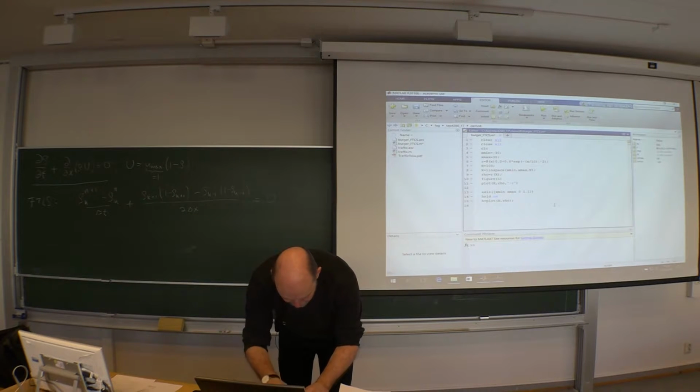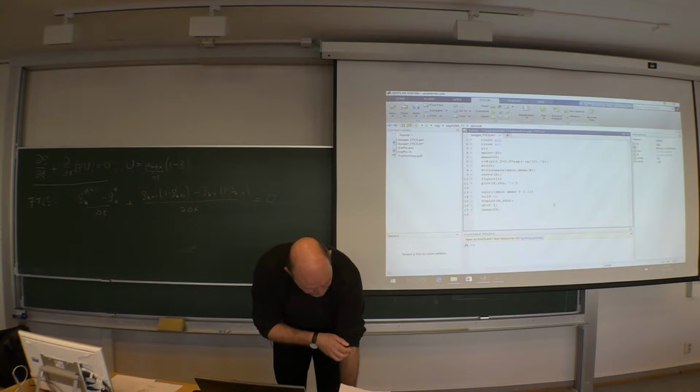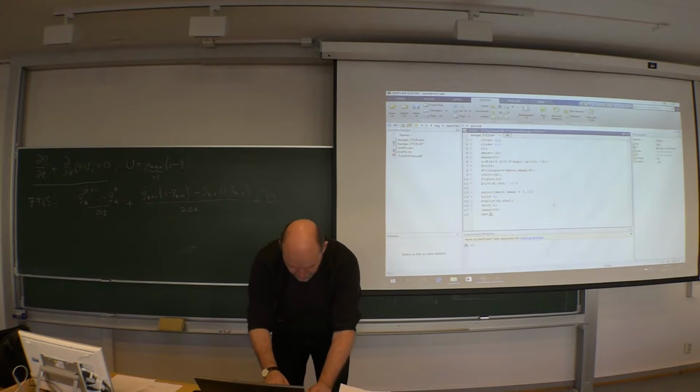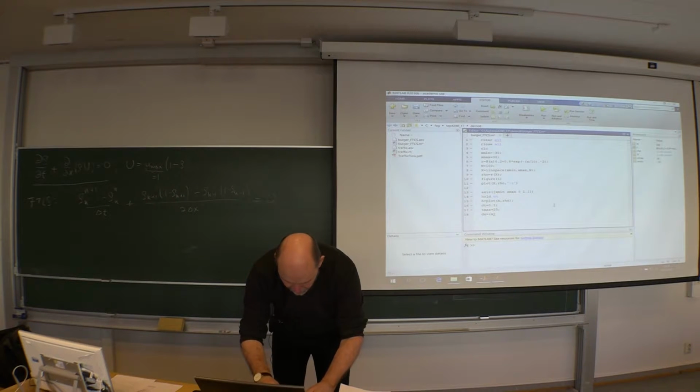We are going to need a time step, so I have no idea. We know the maximum time should be 25, so that one should be okay. I need a delta x. Well, what's that going to be? That should now be x maximum minus x minimum, and then divided by n minus 1.